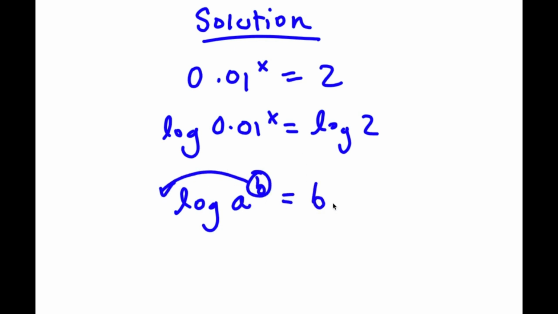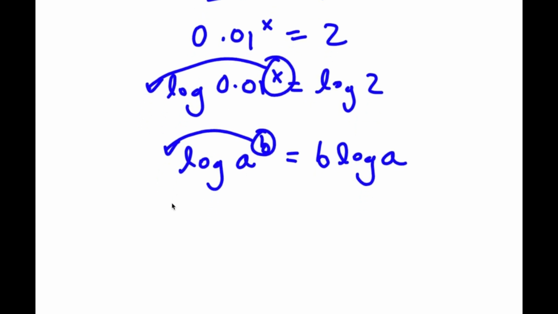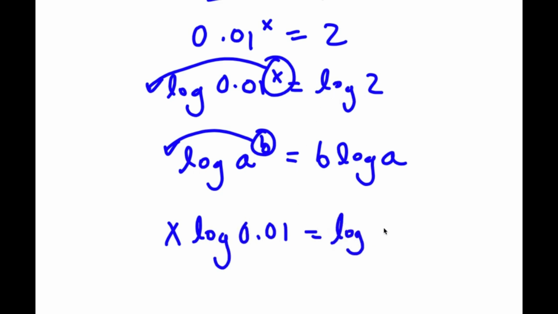So this would equal b times log a. So in this case, I have log 0.01 to the power of x, and I can simply move x to the front. So that's going to equal x times log 0.01 is equal to log 2.